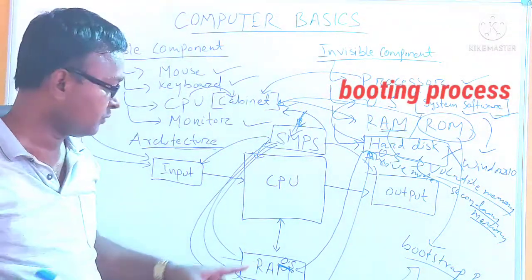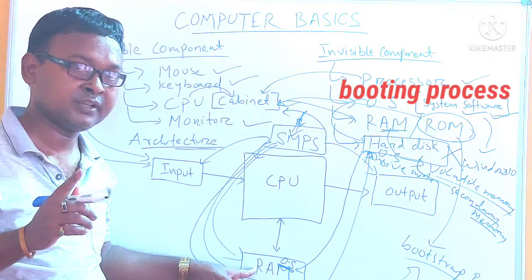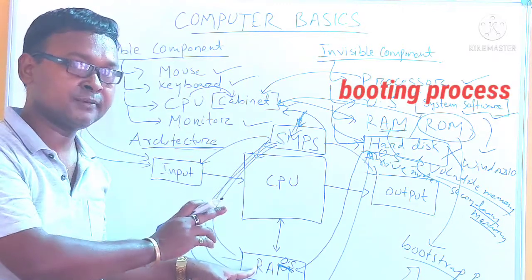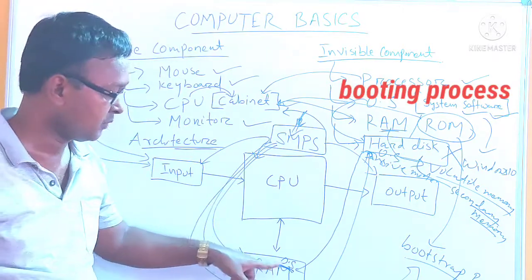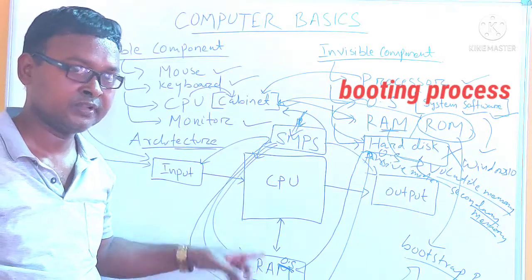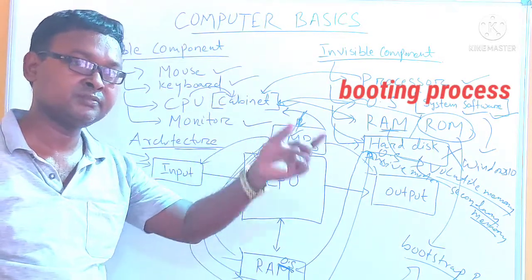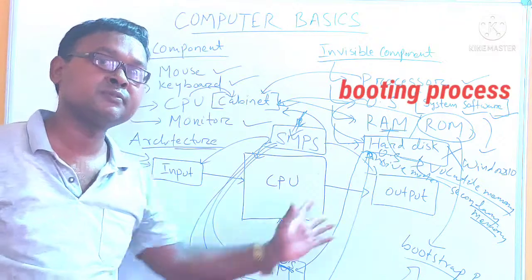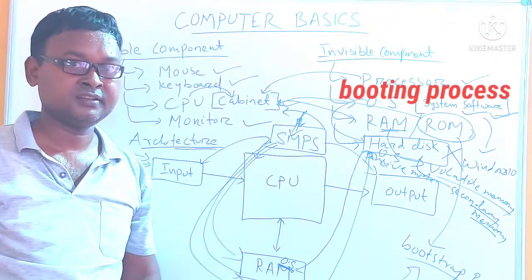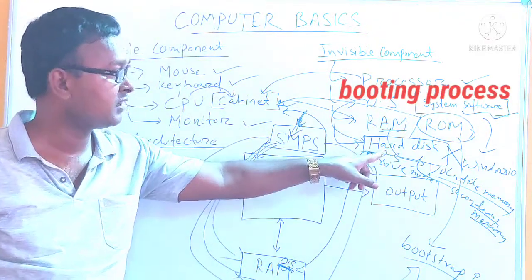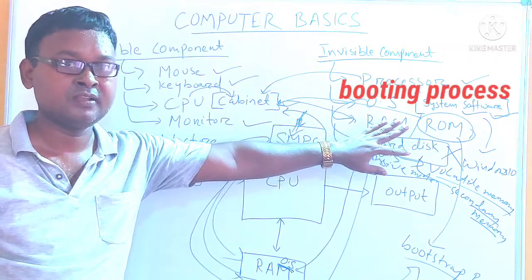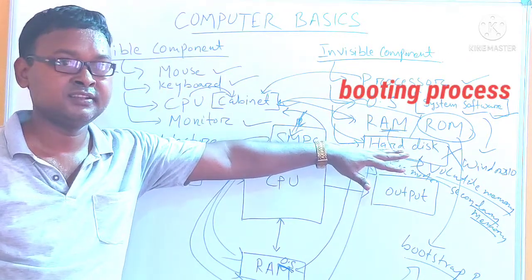As I said, RAM is a volatile memory. Whenever the power supply is there in your computer system, the operating system will be in the RAM. When you switch off your computer system, the operating system gets erased. That means it again comes into the passive mode, stored in the hard disk.